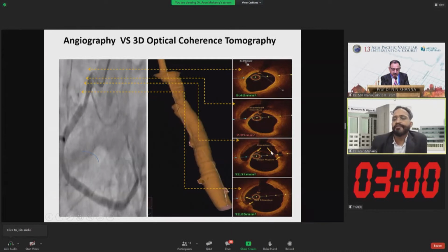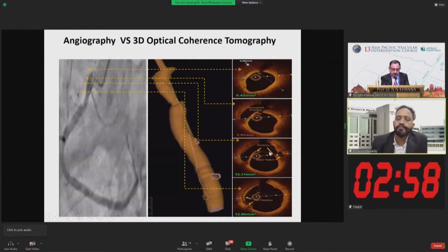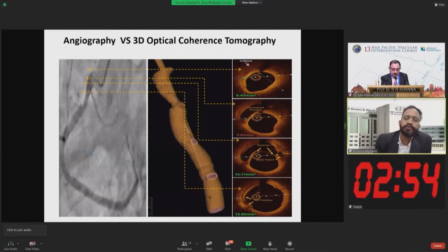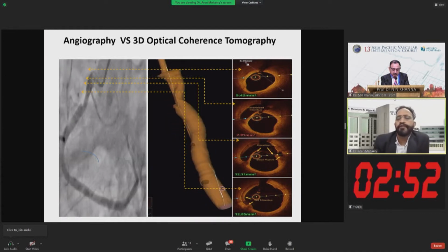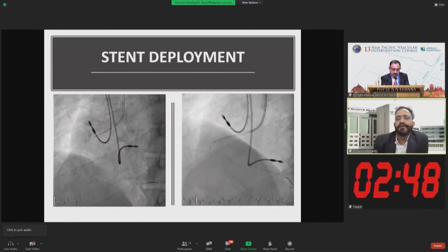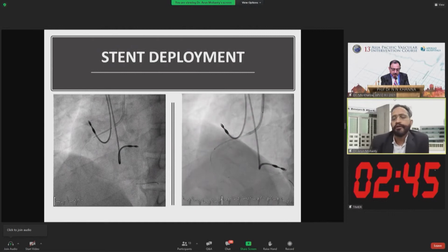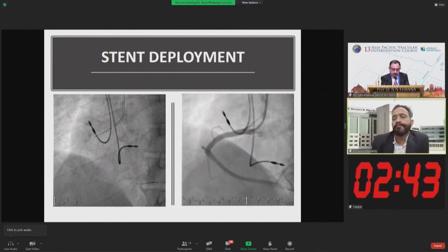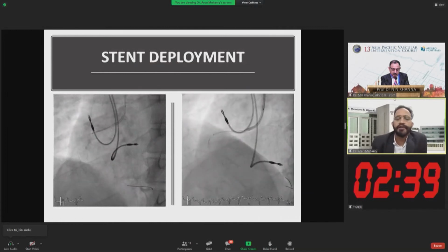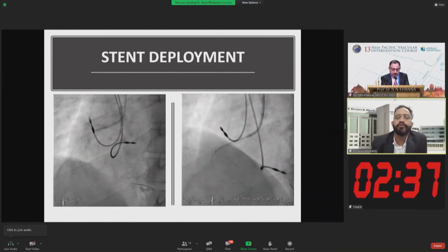It's a large vessel, a proximal RCA plaque rupture, and I did this case 2 years back. At that time, we were very sure that a plaque rupture of this kind has to be stented, so I put a stent, but this topic is also getting into controversy. If you have a 15-day-old stable patient with a good lumen and a plaque rupture, you can leave it on medical follow-up, but we don't have systematic data.